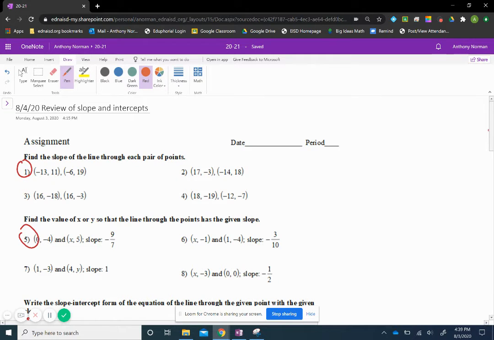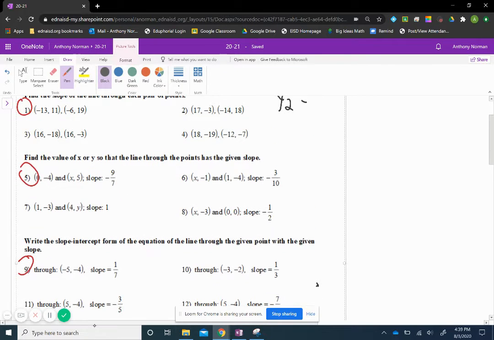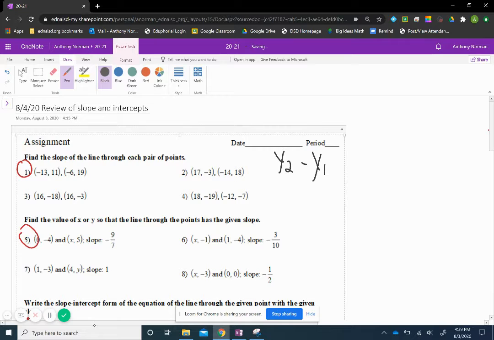So find the slope of the line through each pair of points. To do a problem like this, we need this formula. We need to know how to find the slope. You may remember y2 minus y1 over x2 minus x1.